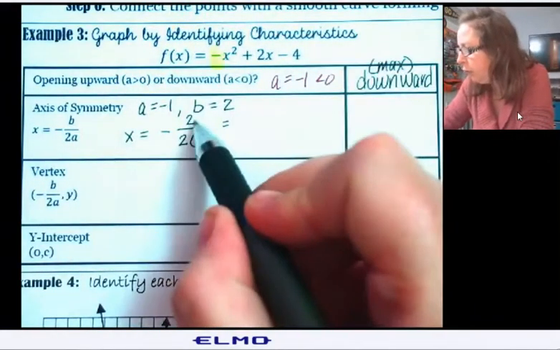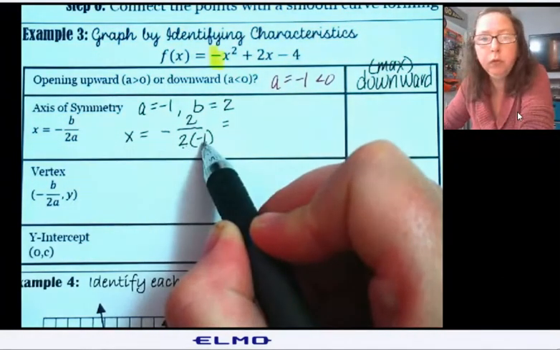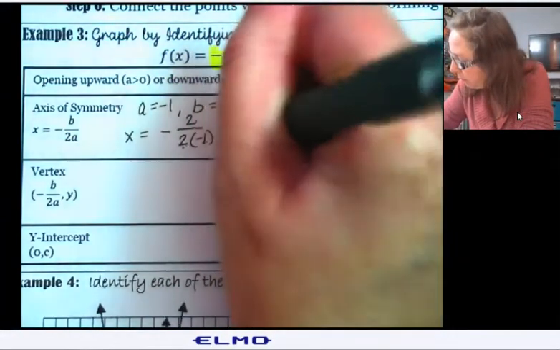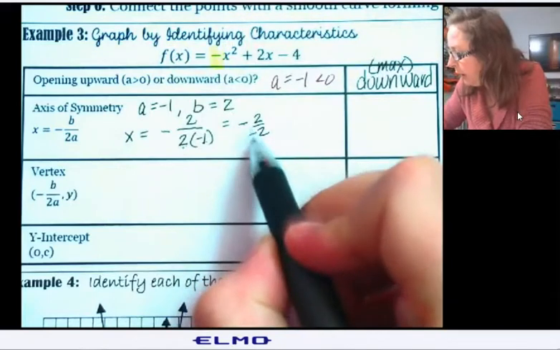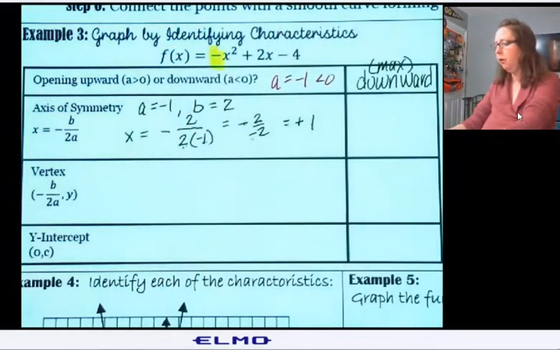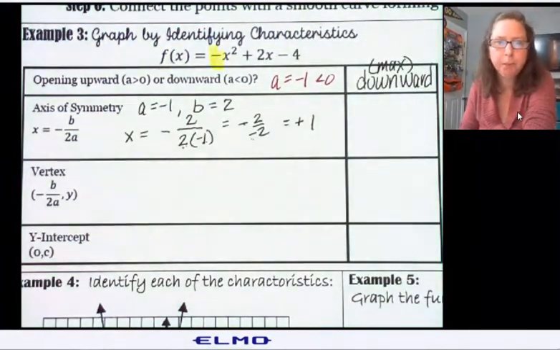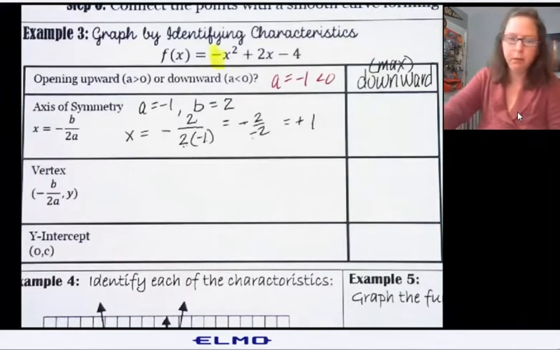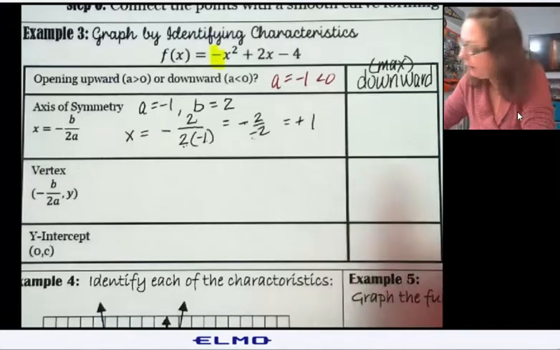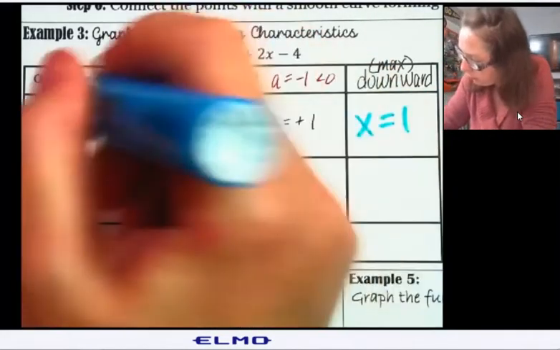So here's what I have. -2 divided by -2. We'll just say there's a -2 down there, right? And then I've got 2 negatives, so that's going to equal a +1. Okay, so my axis of symmetry is at +1. And I'm going to continue to label this blue for us, okay? x equals 1.